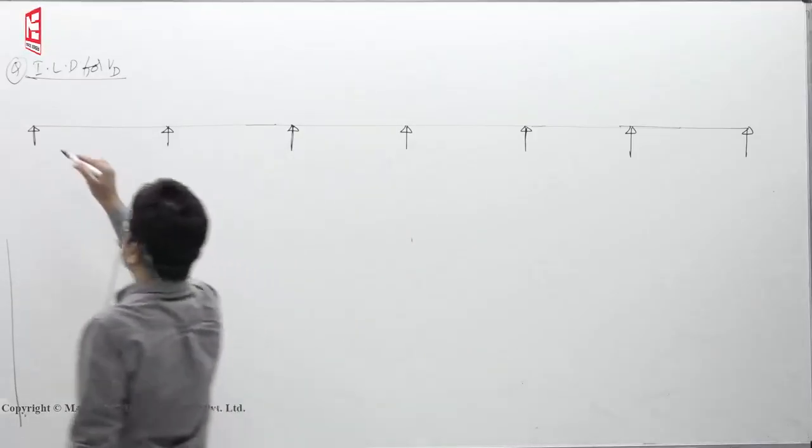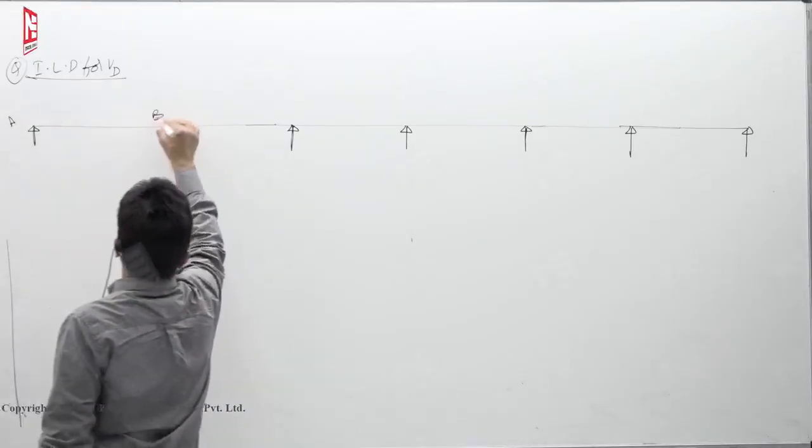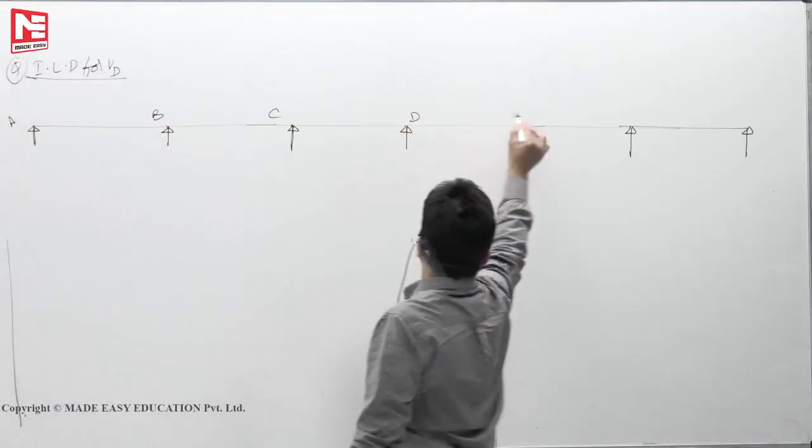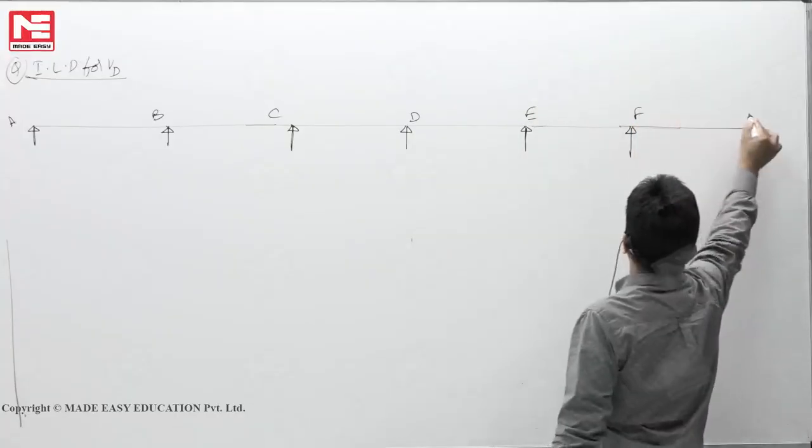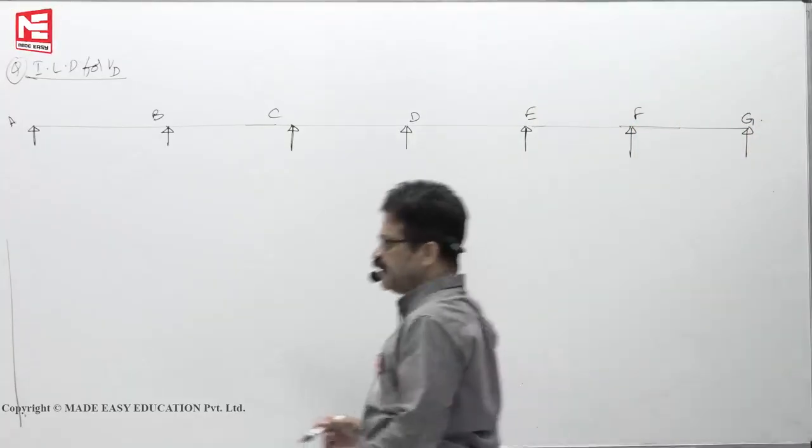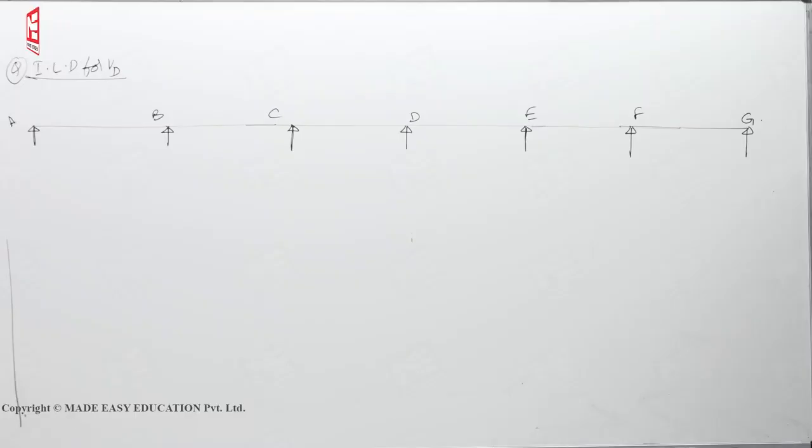Let's say so much is there. This is A, B, C, D, E, F, G. ILD for VD when you want to draw.